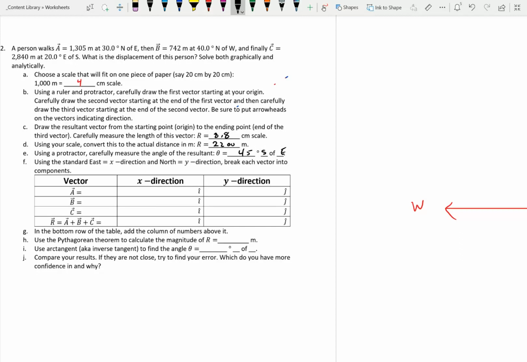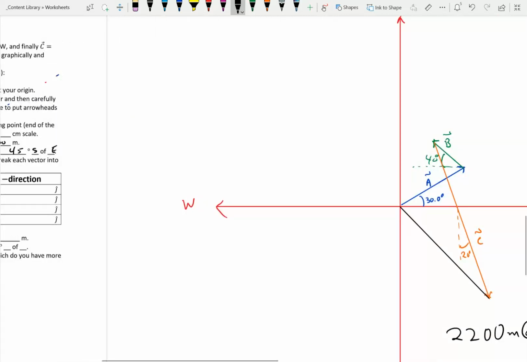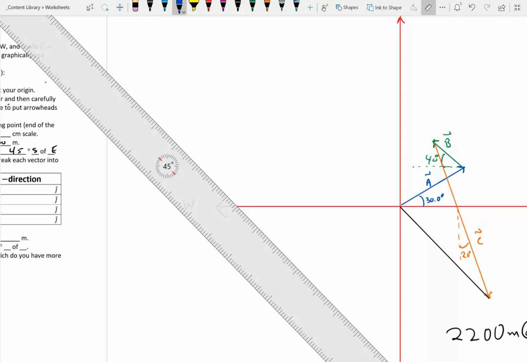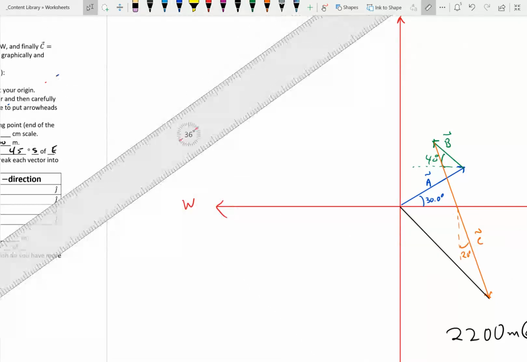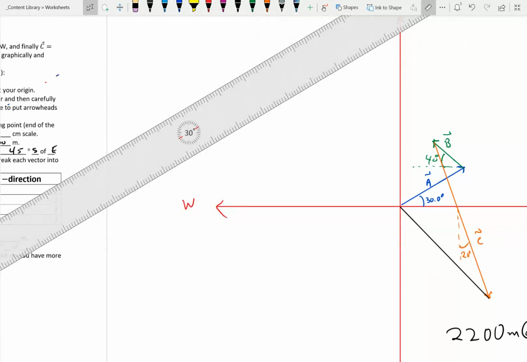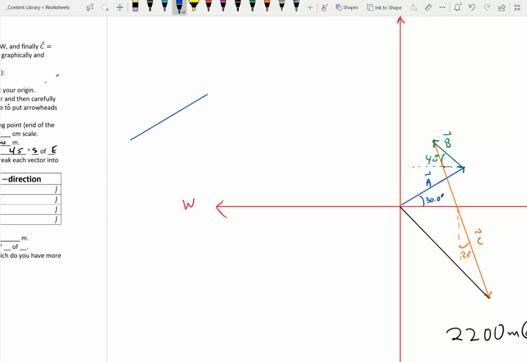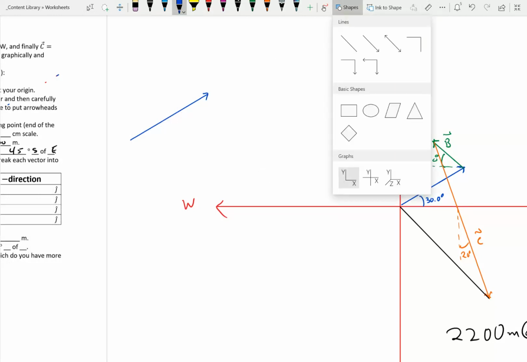Now we're going to do it analytically. So doing it analytically, I need to take each one of these vectors separately. So I have my A vector was 30 degrees. Now I'm not worried about the length of the line. So there's my A vector.